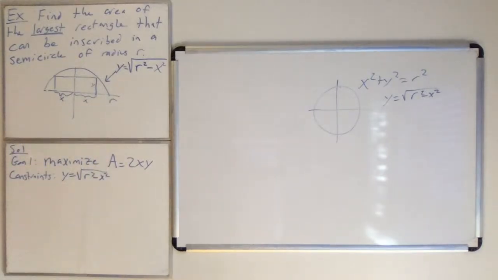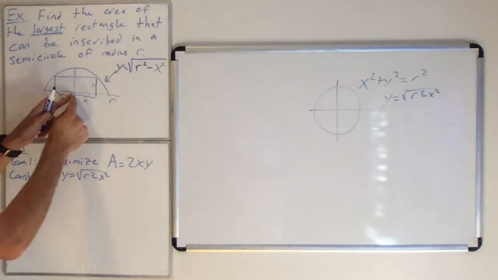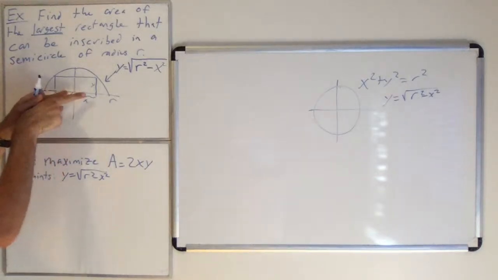So our constraint is that y has to equal the square root of r squared minus x squared. And there's one more constraint that we have to consider. X, we're saying, is how much we go in this direction.